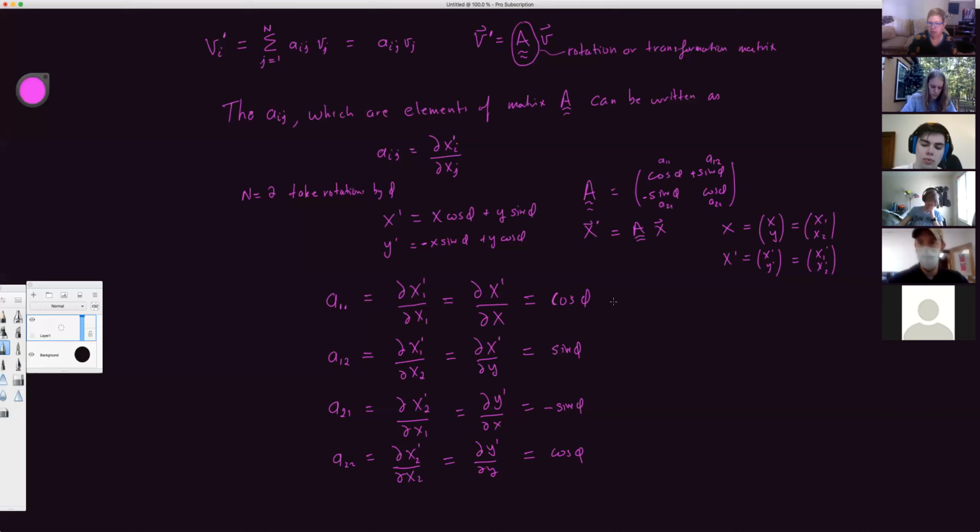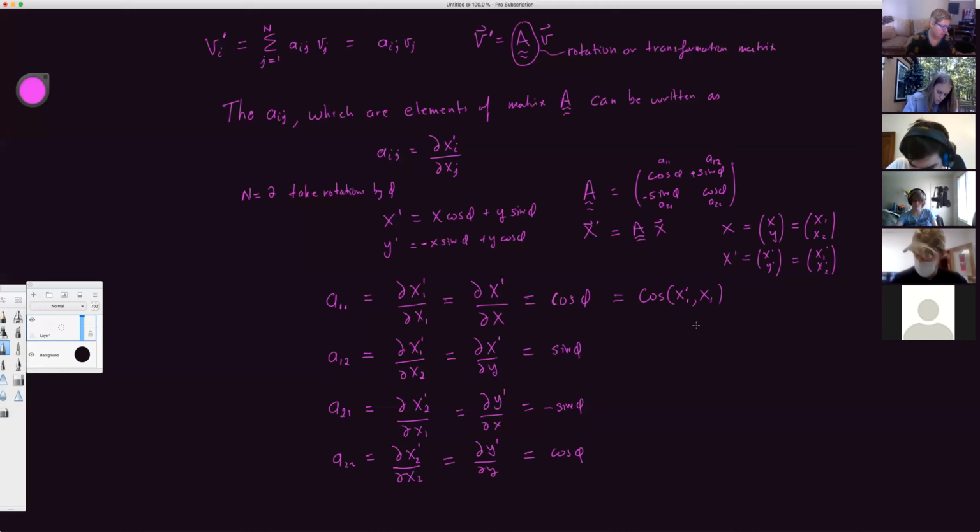So it's also true that these AIs are cosines. Sorry, I've got to go back to my notes because you've got to keep good notes about how this goes. So if we say a11, it's the cosine between x prime 1 and x1, right? Remember, that's the direction cosines, right?